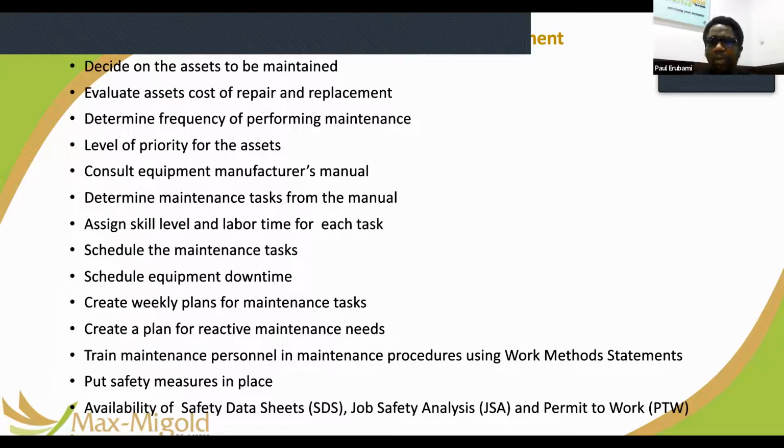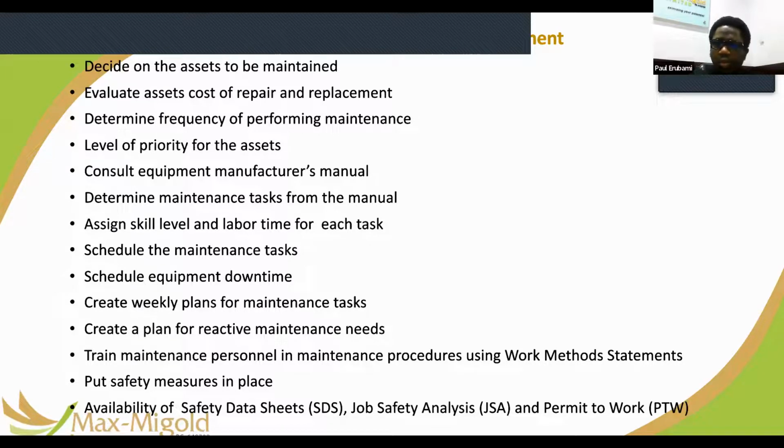This is very important because part of the quality class we had on Wednesday was that Mr. A could do the same work very well, and Mr. B comes to do it, and people are not satisfied with his effort. That is because they are not working to the same work method statements. If they're working to the same work method statement, the output should always be consistent.